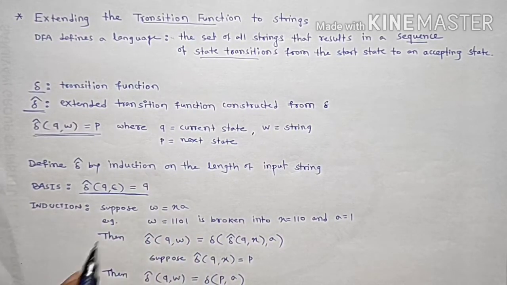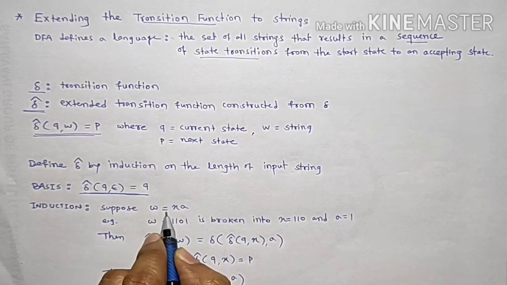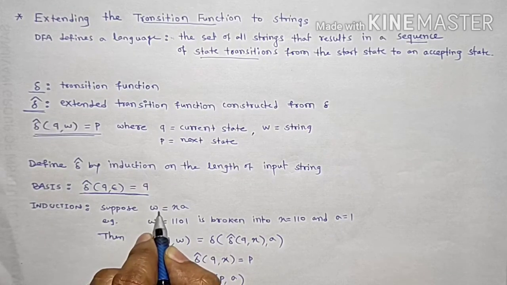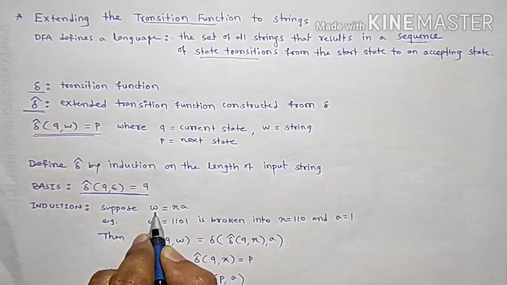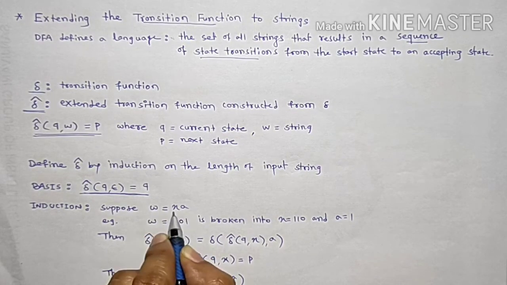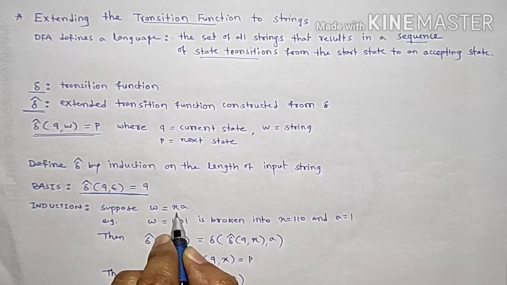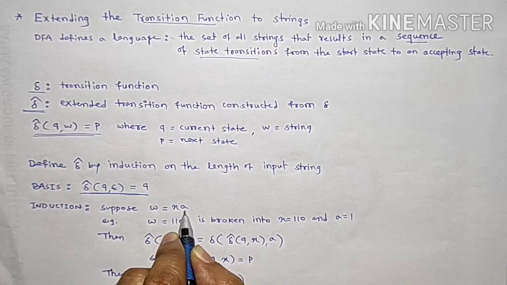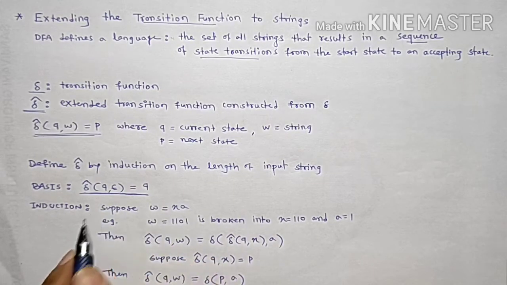Now further we'll extend this to the string w. Suppose we can break the string w into the form xa. So w is equal to xa, where x is the prefix of w and a is the last symbol of w.